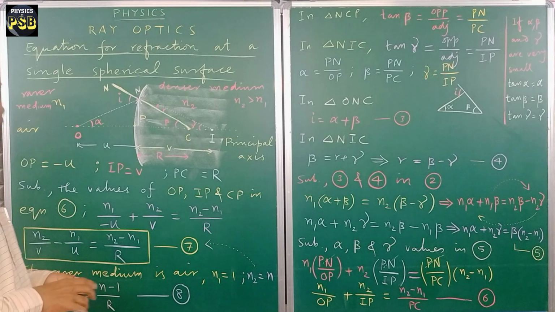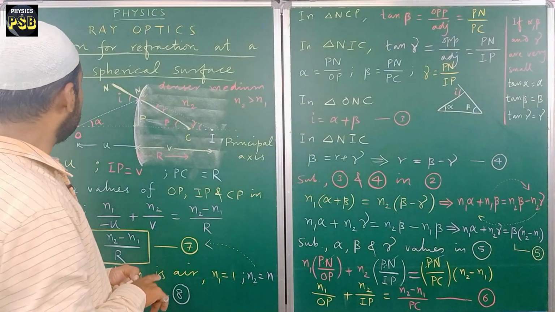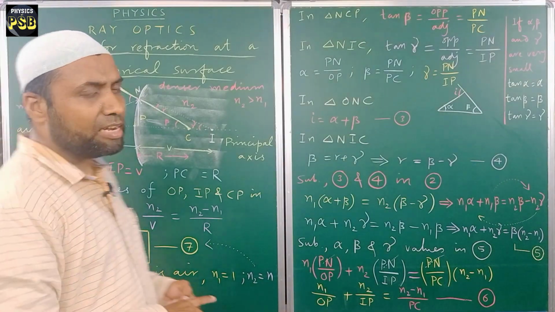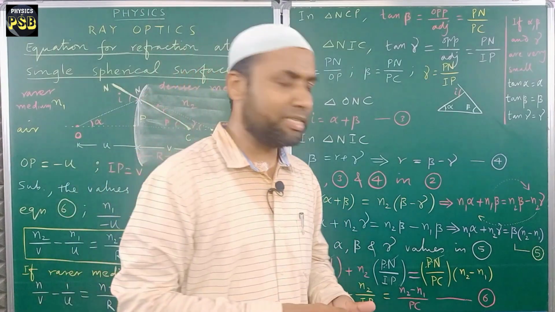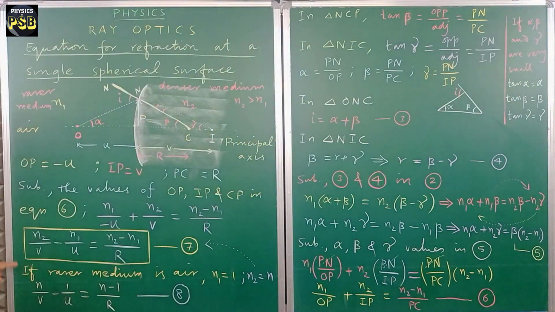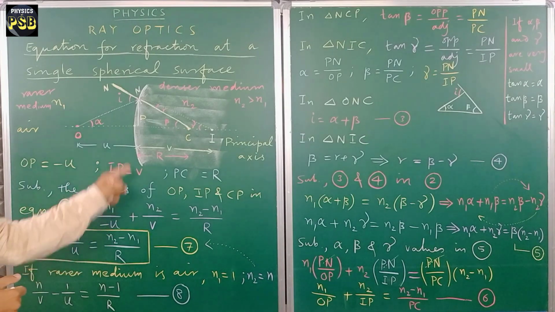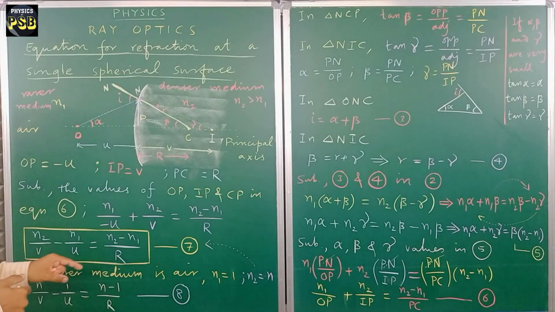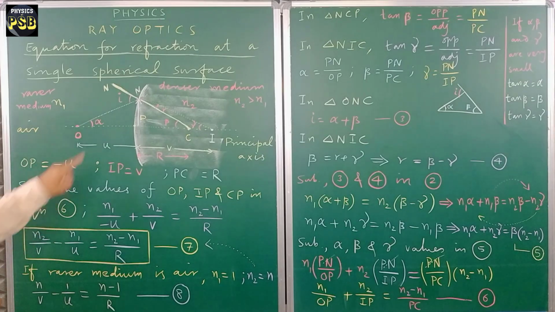This equation for refraction at a single spherical surface provides the relation between object distance, image distance, radius of curvature of the given spherical surface, and refractive indices of the two media, that is N1 and N2.